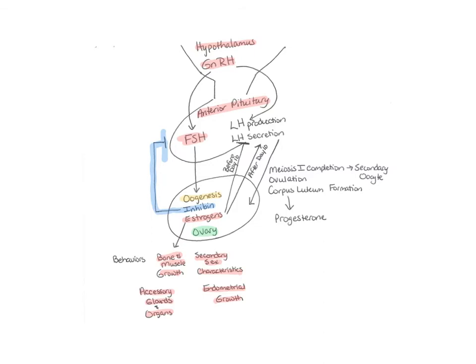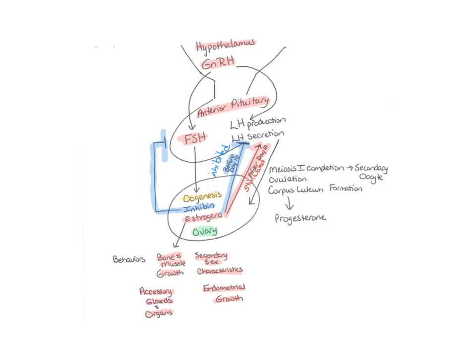At lower levels of estrogen, which occur before day 10 of the ovarian cycle, the estrogen will inhibit luteinizing hormone secretion. But after day 10, when the estrogen levels rise sharply, luteinizing hormone production and secretion will actually be stimulated.